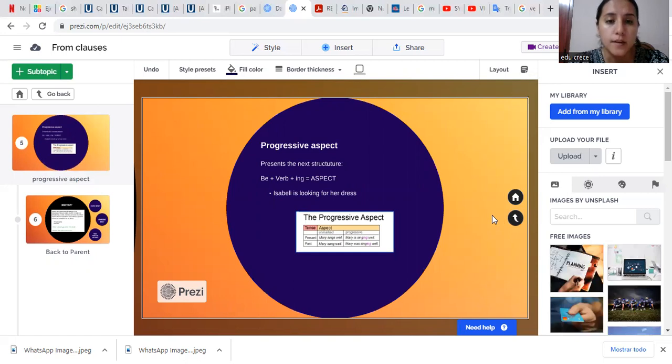For example, Isabel is looking for her dress. In this sentence, the action is happening in continuous form. Isabel is doing the action.